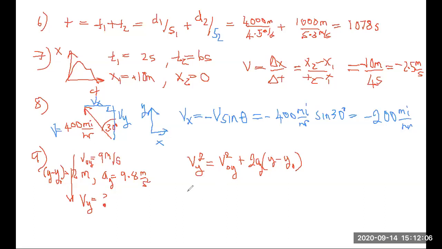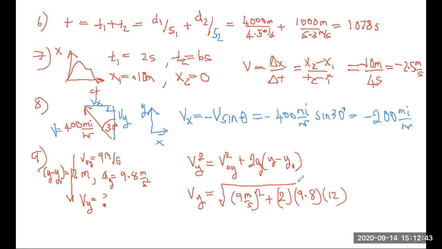We just need to plug in the initial speed, the acceleration, the displacement, and we'll come up with the final velocity. This is an equation for the velocity squared, so I've got to take the square root to find the final velocity. The initial velocity is 9 meters per second. So stick that in. And then we've got 2 times acceleration of gravity, 9.8, times displacement, 12 meters.